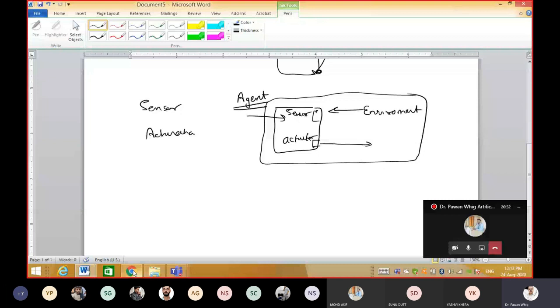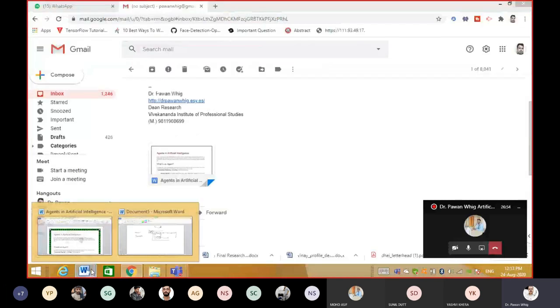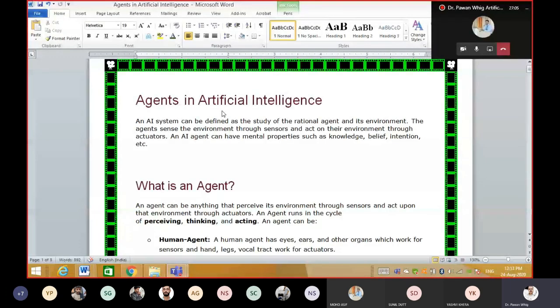See, our topic for the day starts from here. That is, what are agents in artificial intelligence, and it is very important for your exam also. An artificial intelligence system can be defined as the study of rational agent and its environment.